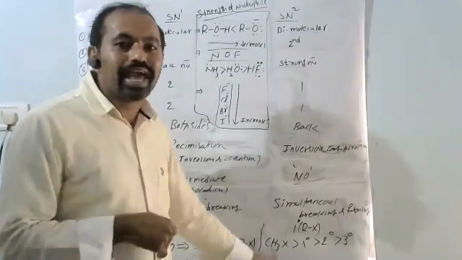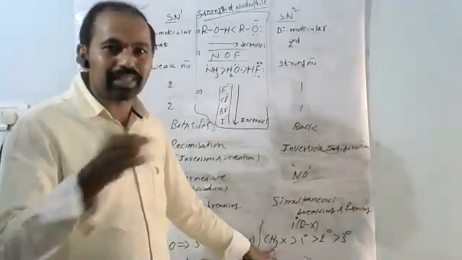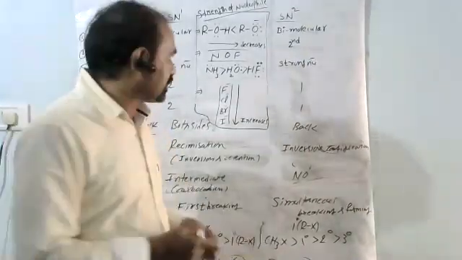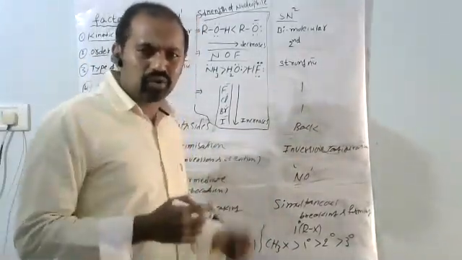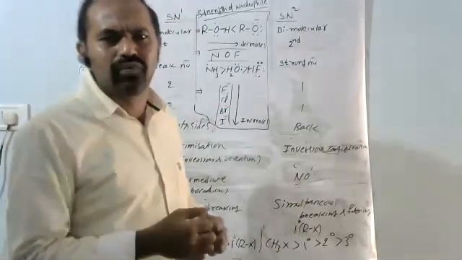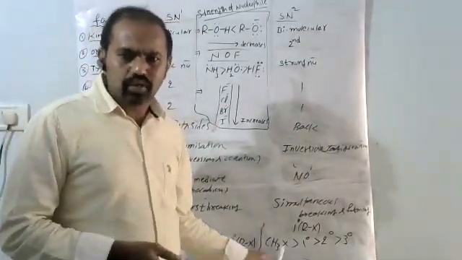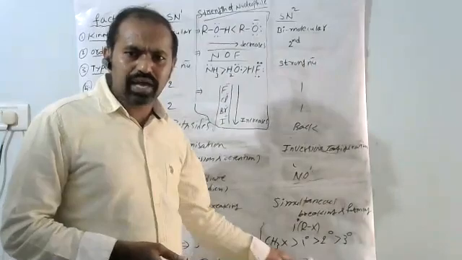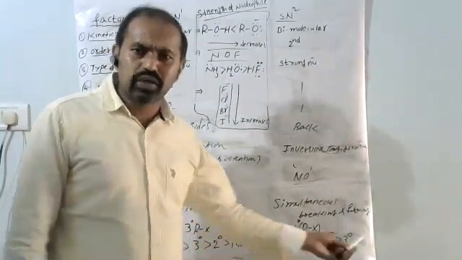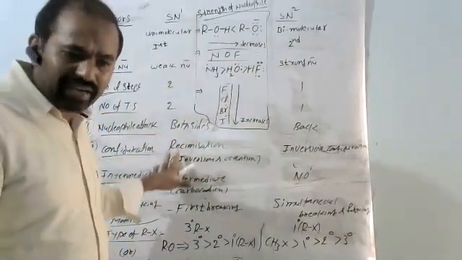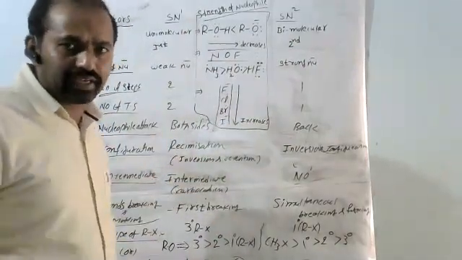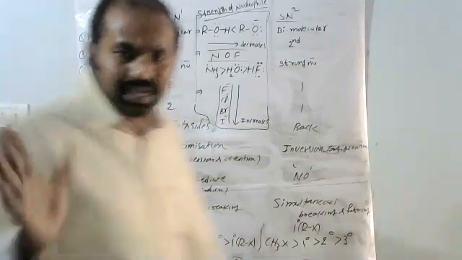Which one is more reactive? Methyl chloride, the simplest one. So methyl halides are the most reactive. 1 degree is greater than 2 degree, 2 degree is greater than 3 degree. These are the most important factors differentiating SN1 and SN2.